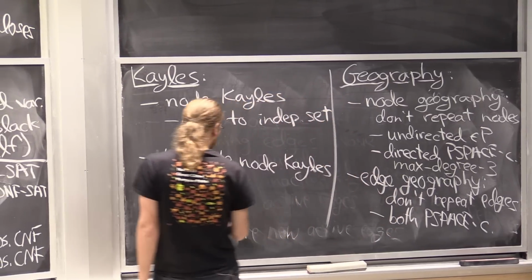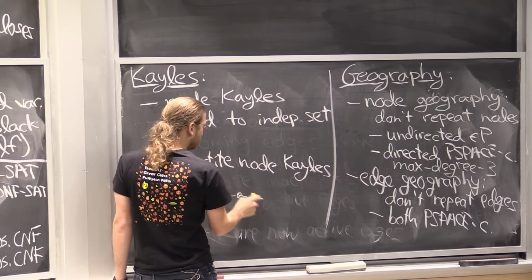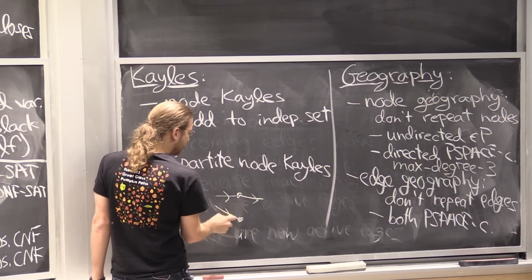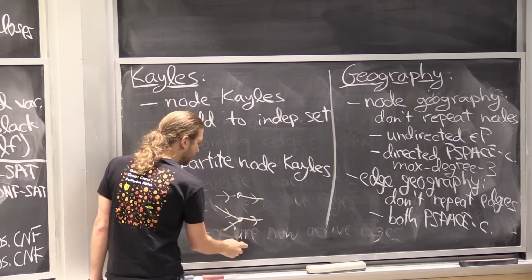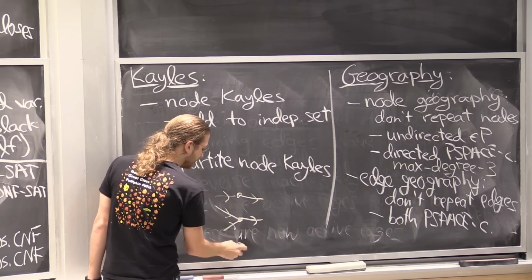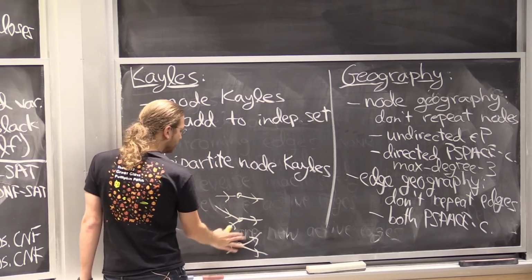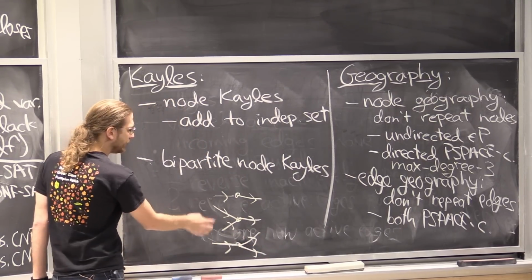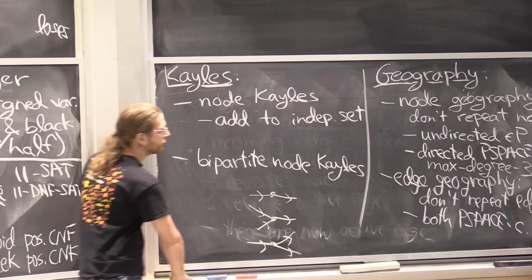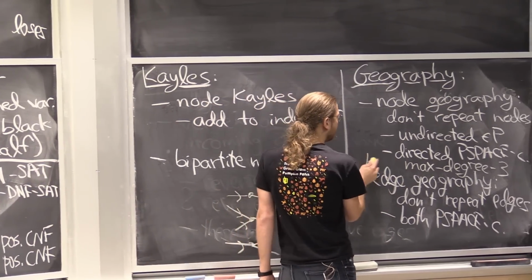So that means you might have a degree 2 vertex, or you might have a degree 3 vertex. There are two types of degree 3 directed vertices, merging and branching. Okay, so we need gadgets for each of these. Also, bipartite.